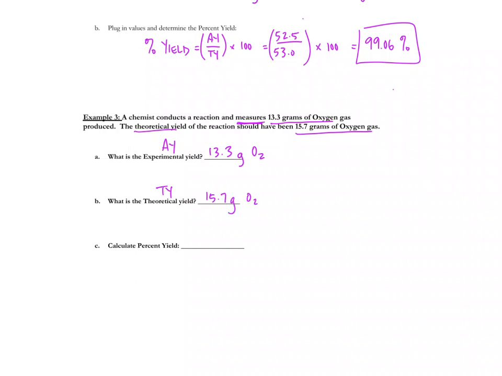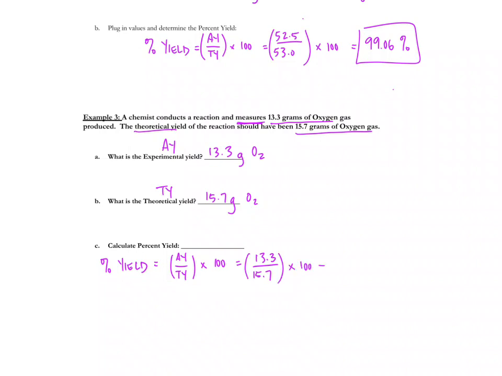So with that information, I want to figure out the percent yield. So percent yield is equal to the actual yield divided by the theoretical yield times 100. So the actual yield was 13.3. The theoretical yield is 15.7.